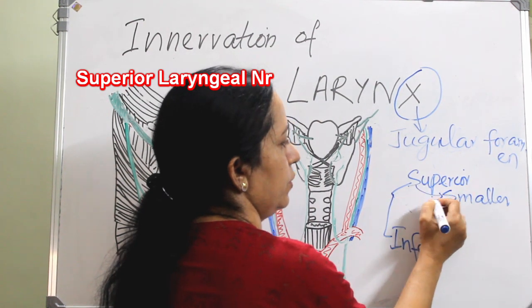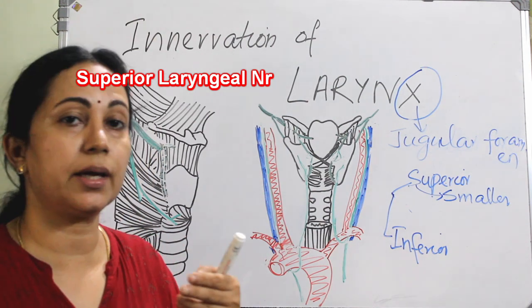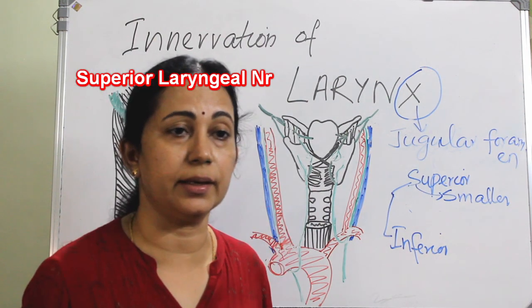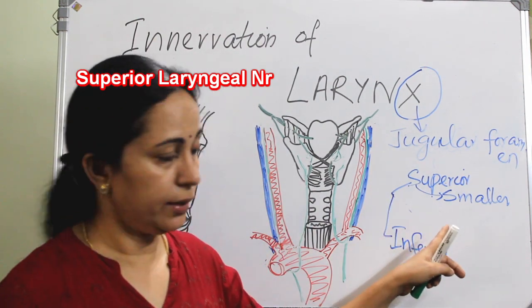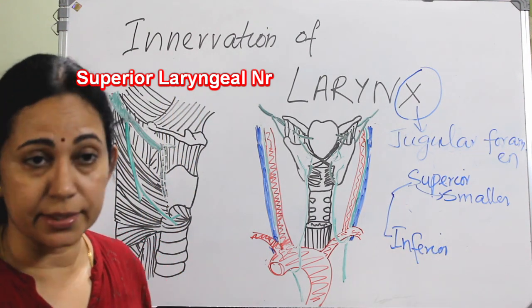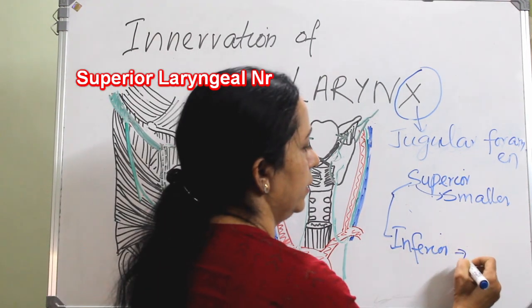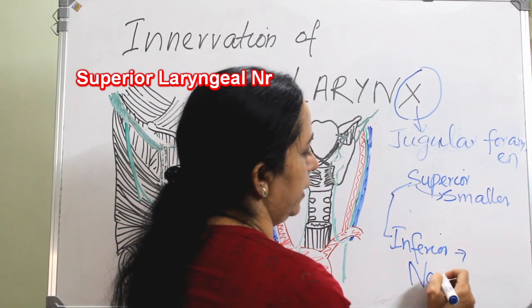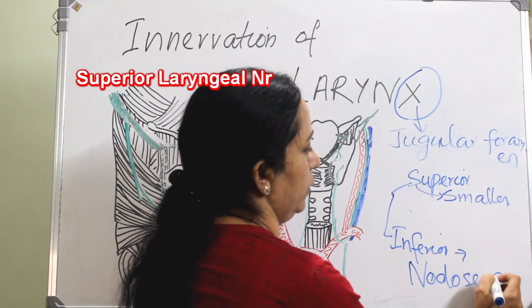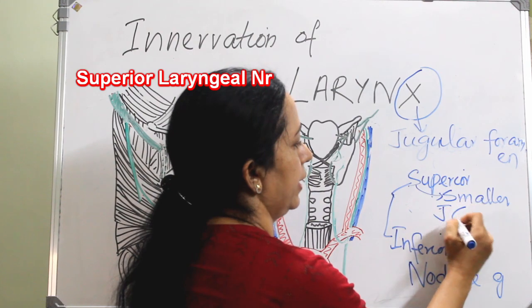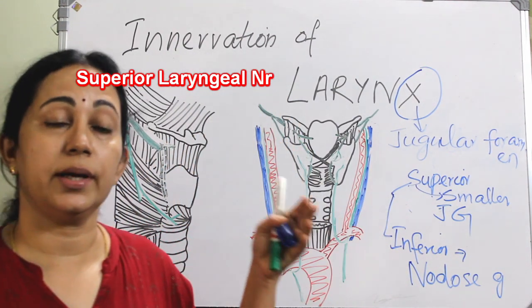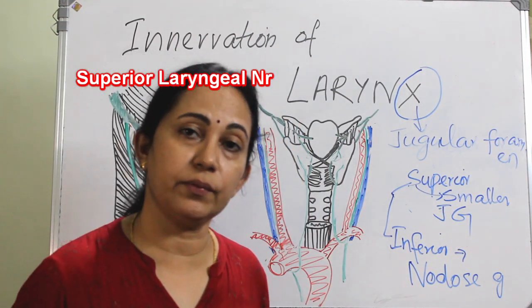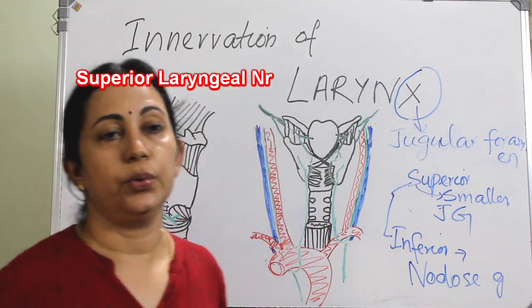S and S. Okay, they go hand in hand. Superior ganglion, otherwise called the jugular ganglion, is the smaller one, and the inferior ganglion is larger one, and it is called the nodose ganglion, ganglion nodosum. Superior one is smaller and it is called the jugular ganglion. Inferior one is larger and it is called the nodose ganglion.